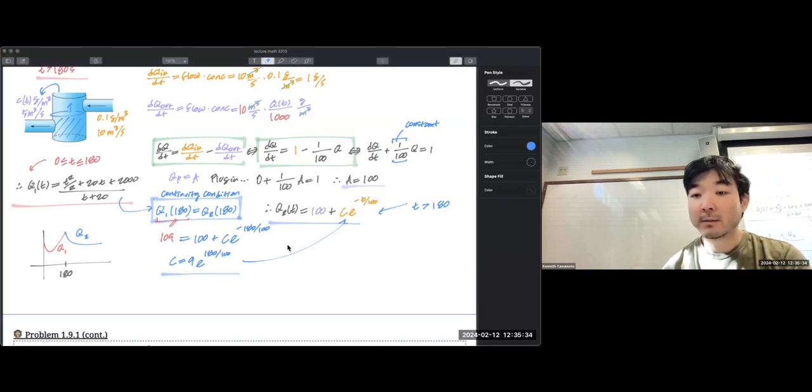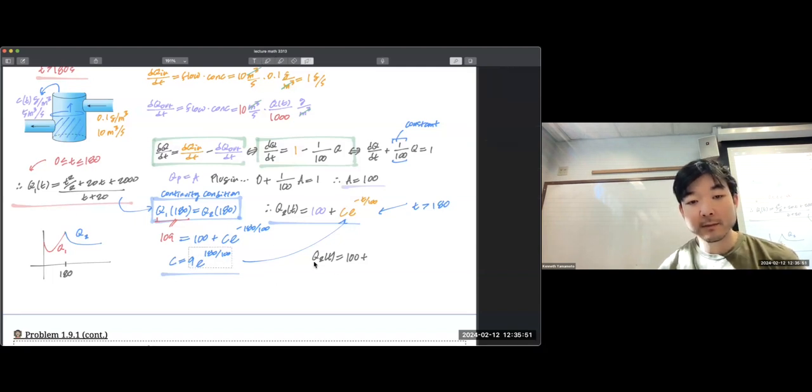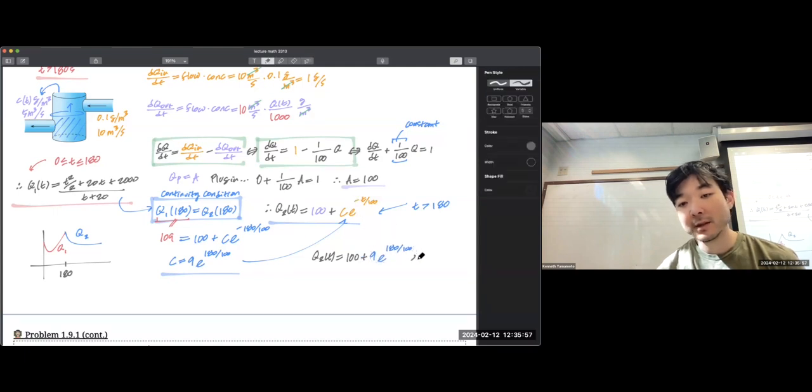So we've got our Q2 of t is equal to 100 plus this 9 times this thing times e to the negative t over 100.